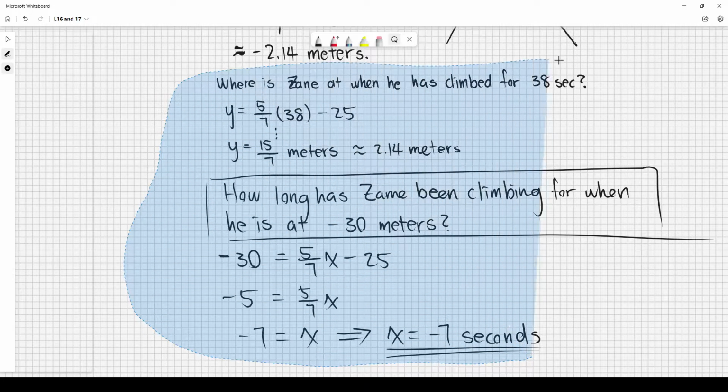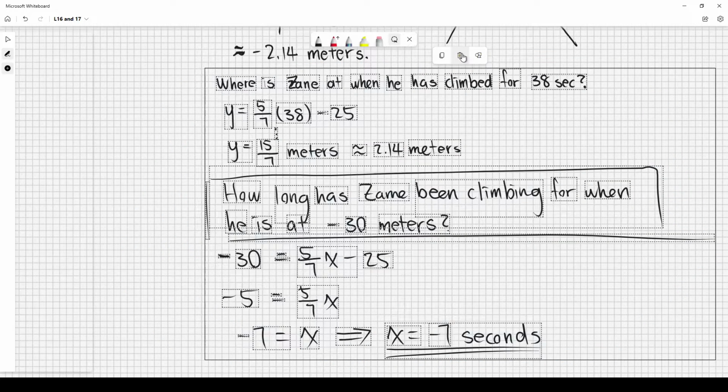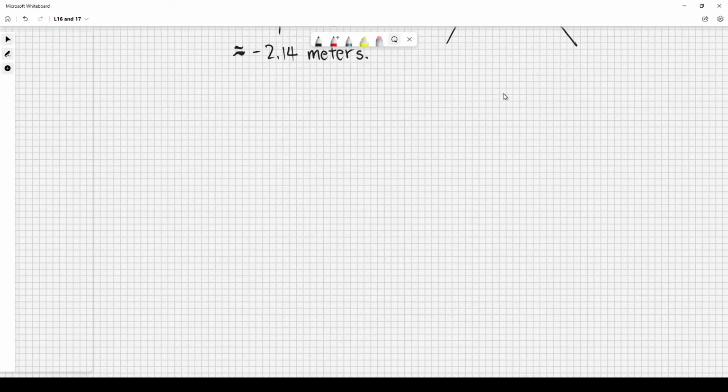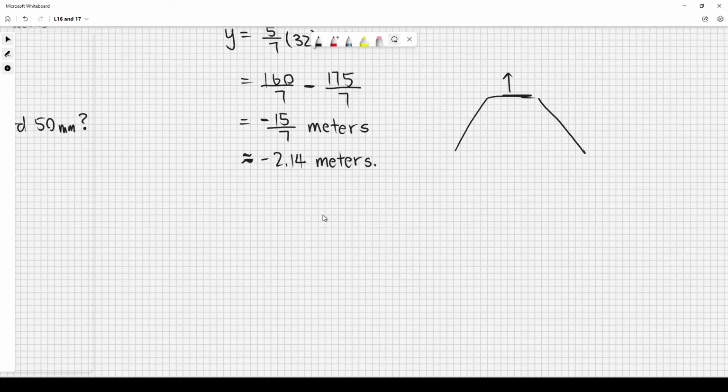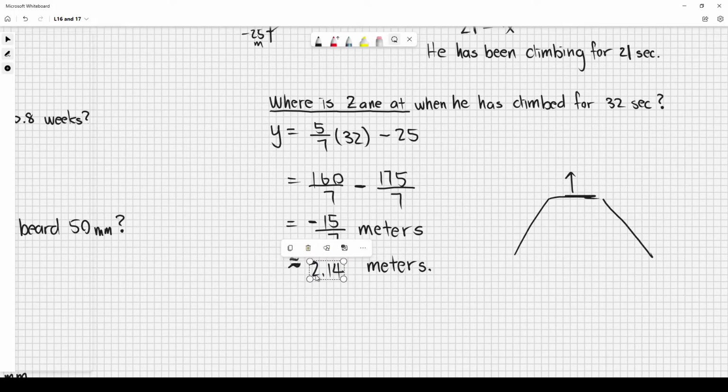Bad questions, not good questions, they should not exist. But just to illustrate that word problems are different from just graphing, because the answer must be realistic as well.